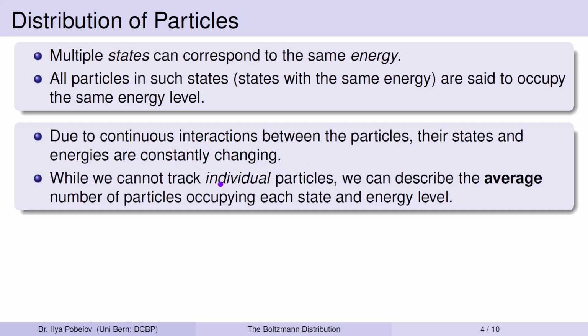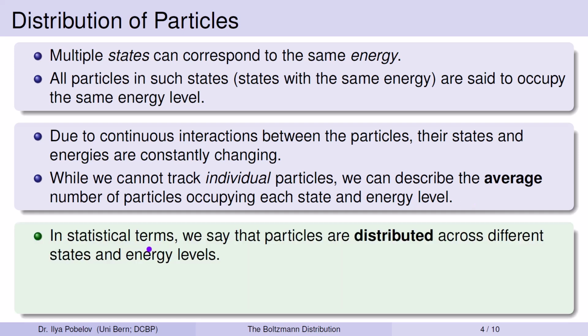While we cannot track individual particles, we can describe the average number of particles occupying each state and energy level. In statistical terms, we say that particles are distributed across different states and energy levels.